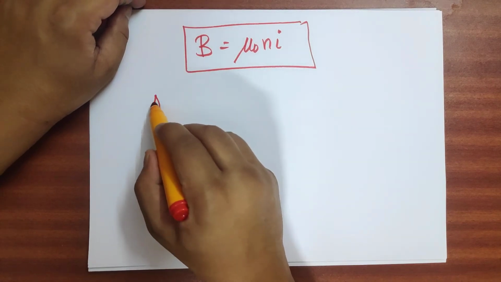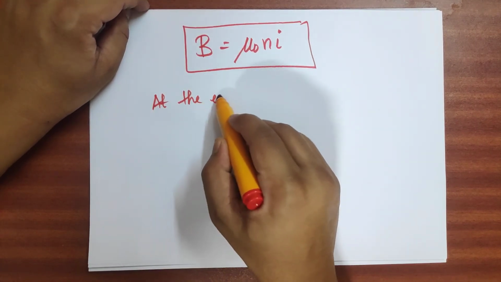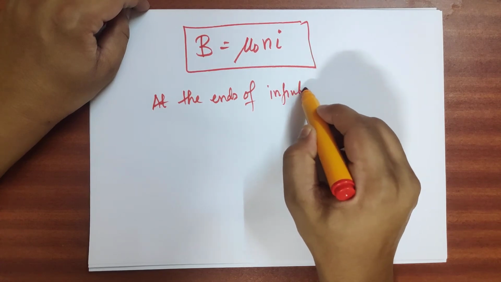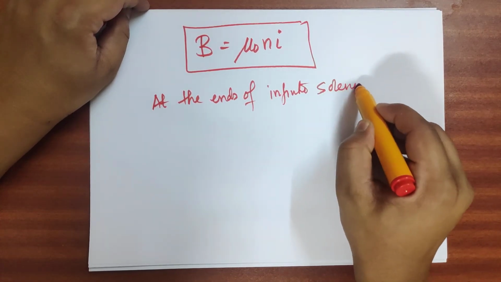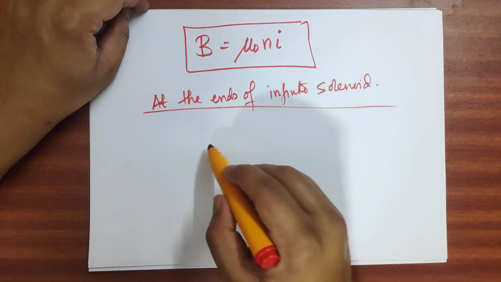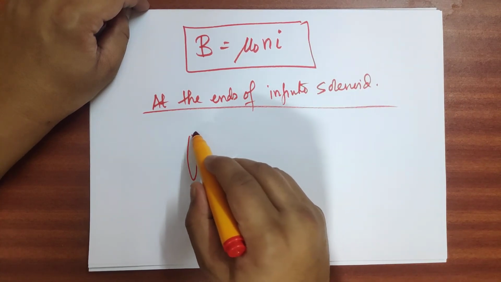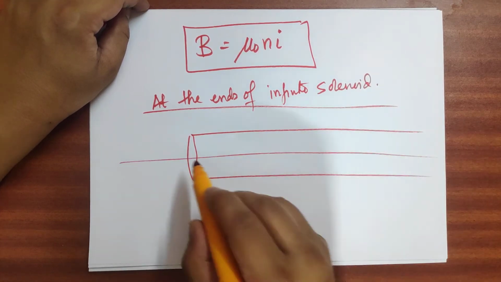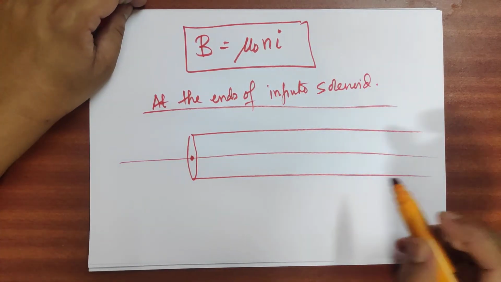Now at the ends, what will be the field? At the ends of an infinite solenoid, say this is one end of the solenoid.